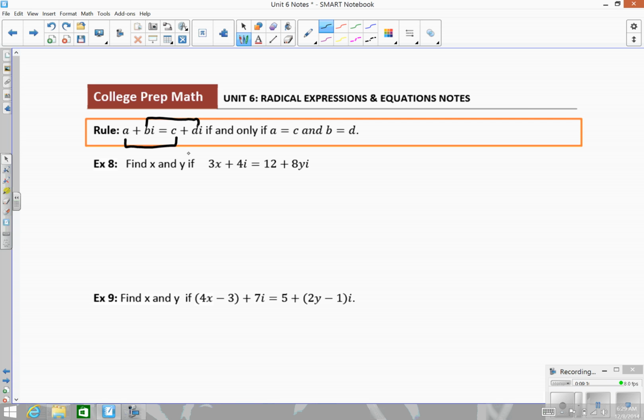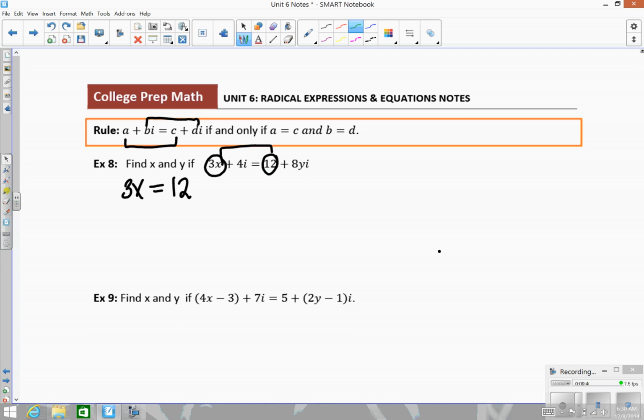So two complex numbers are equal if and only if the real number parts are equal and the pure imaginary parts are equal. So if I want to look at this example, I want to find x and y if these two complex numbers are equal. So what that means is this part and this part have to be equal. So 3x has to equal 12.